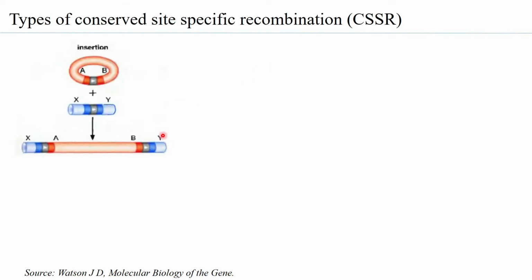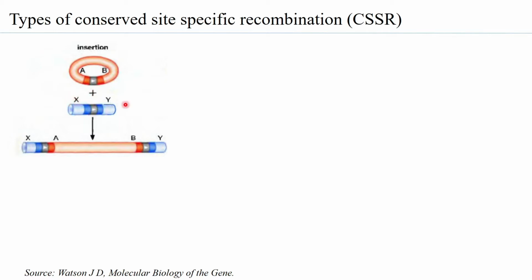One that we already looked at, when we looked at lambda DNA integrating into the host genome, is how you can have a DNA getting inserted into an existing DNA. Here you can see that this is one pair of recombination sites, this is another pair of recombination sites, and the gray region that you see over here is the site of crossover.